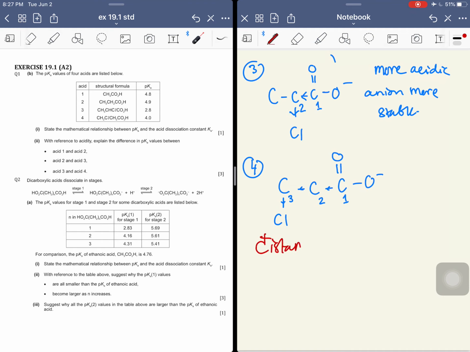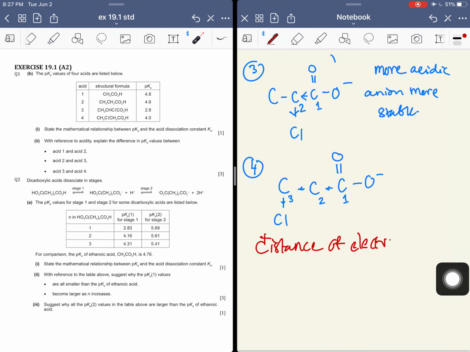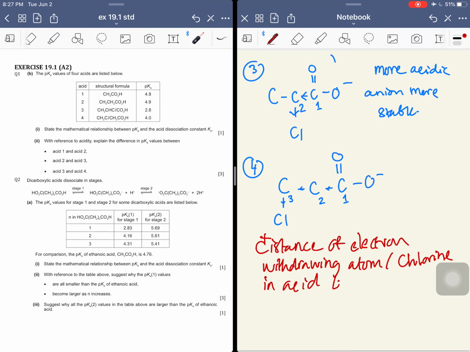Distance of electron withdrawing atom or chlorine in acid 4 is further away.